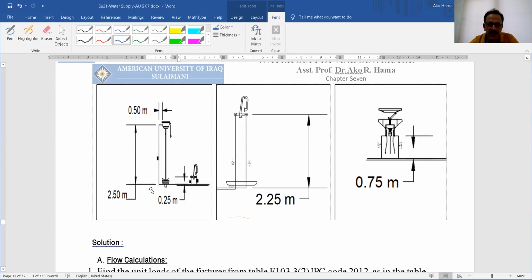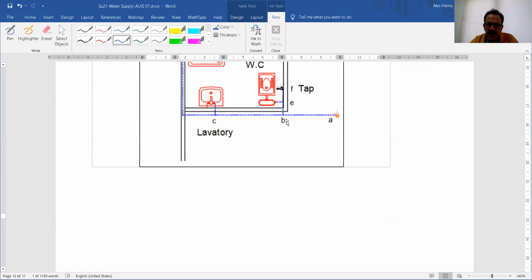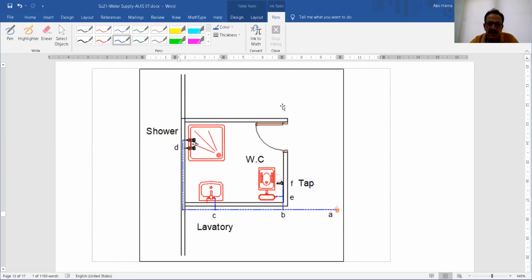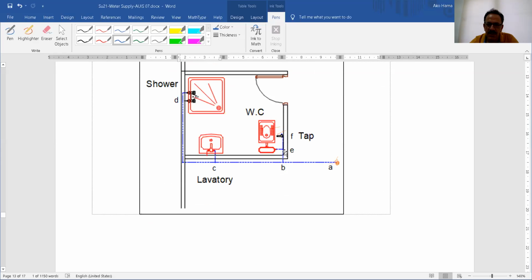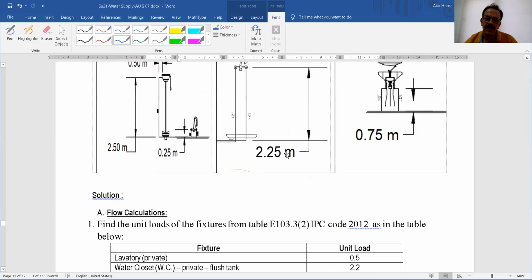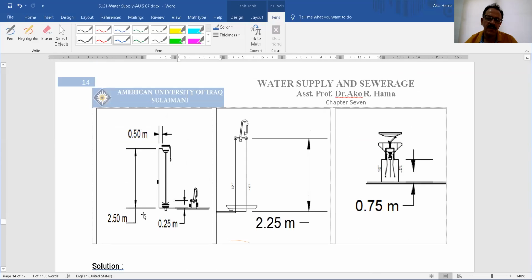So the length of the pipe from B to E will be how much? B to E is 1 meter horizontally, and then vertically it will be about 2.5 meters.